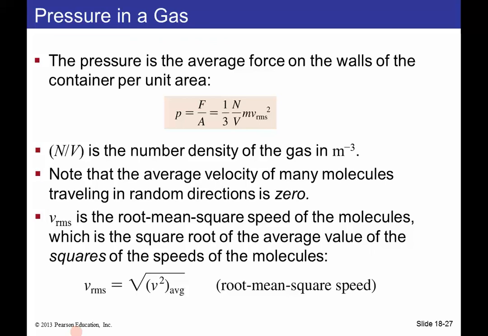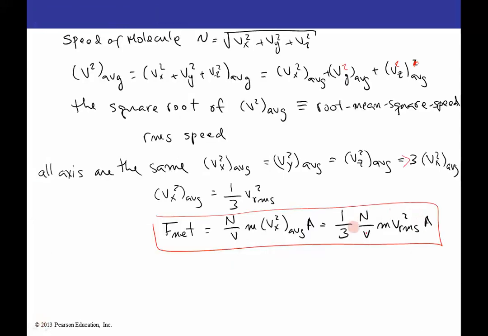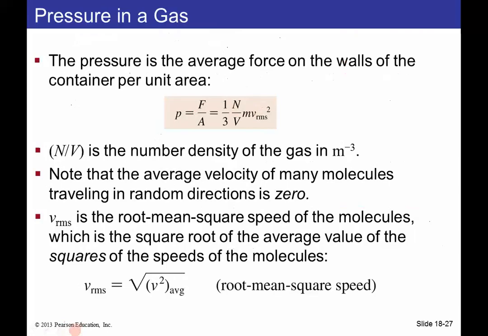And now the pressure is that force divided by the area, right? So we take this force here, we divide by the area, and this is what we get. We get that the pressure is 1/3 of N over V times m times VRMS squared. And this is the average speed of the particles in your box.